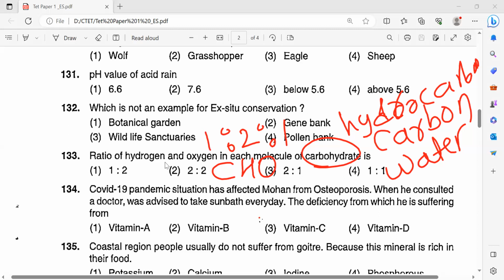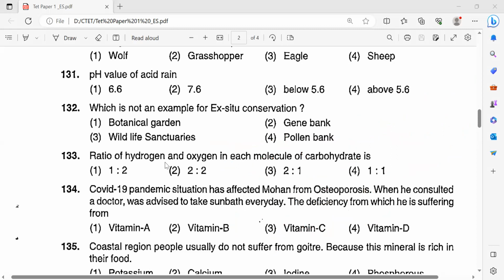The general formula will be like C(H2O)n, where n refers to the number of carbon atoms. So this is the brief concept of carbohydrate.